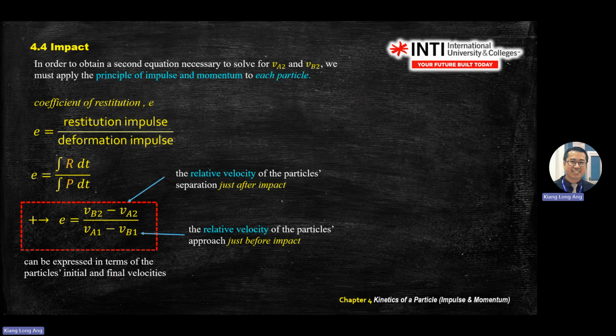But what you can see here is that on the top, it's actually the relative velocity after impact, which is VB2 minus VA2, and the relative velocity just before the impact, VA1 minus VB1. Okay, why this one is A1 and B1, and this one is B2 minus A2 is simple.